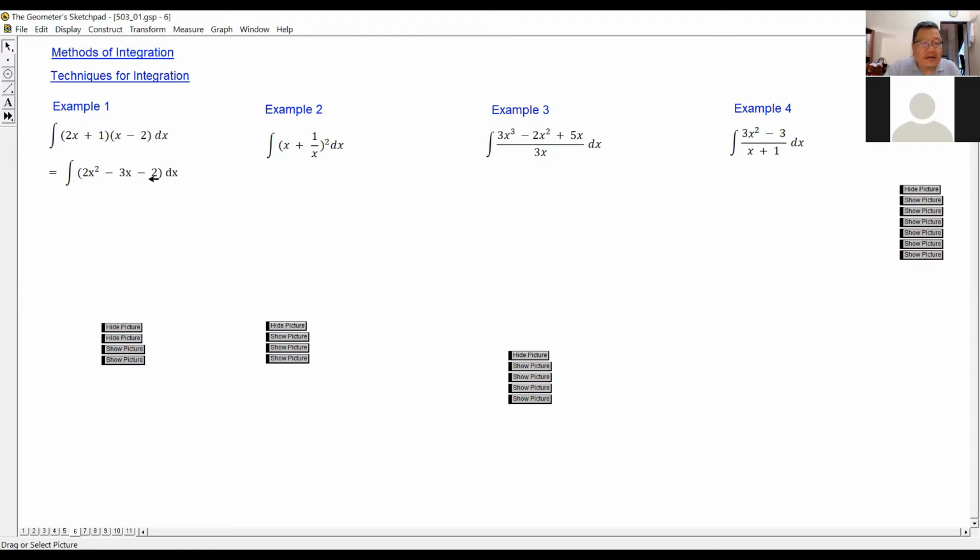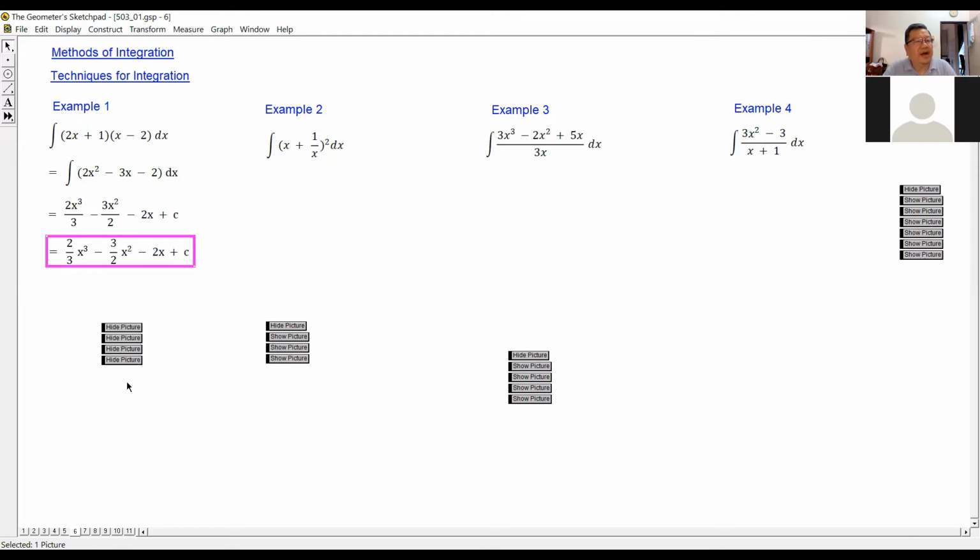Integrate a constant, this one is the very famous one. Integrate a number, you get the number multiplied by x. So this is what we get: 2x cubed over 3, 3x squared over 2, and 2 becomes 2x. Since this is an indefinite integral, you have a c behind.